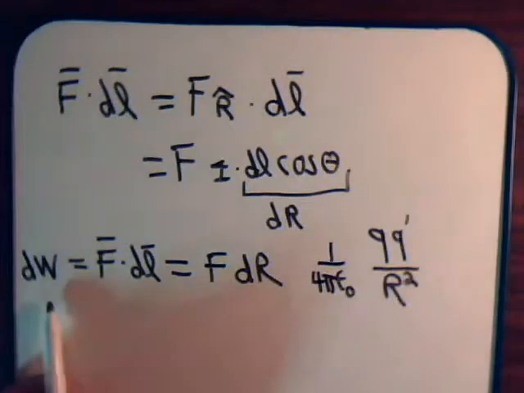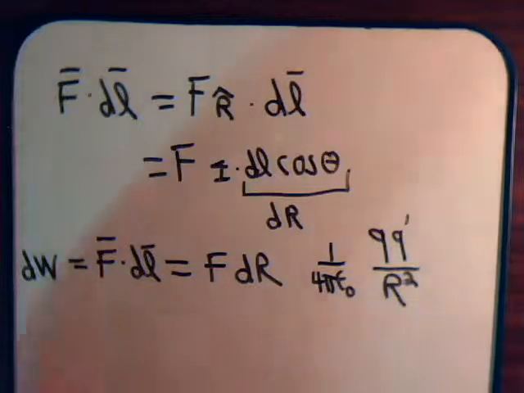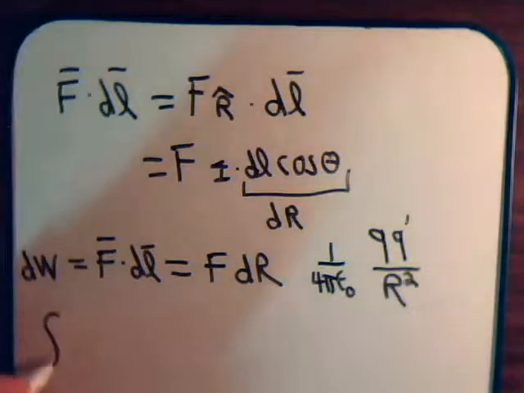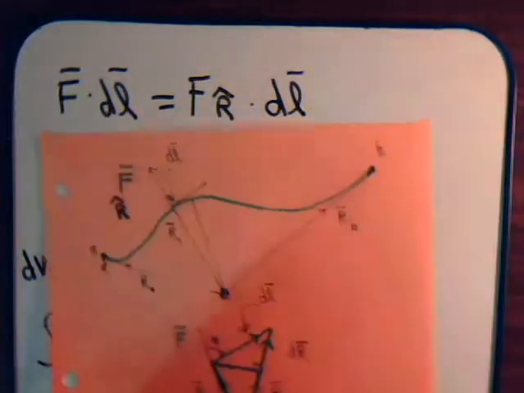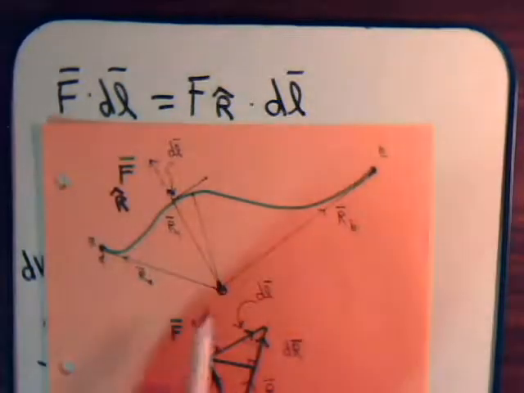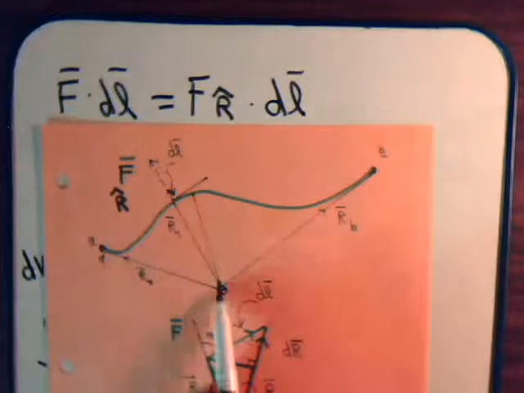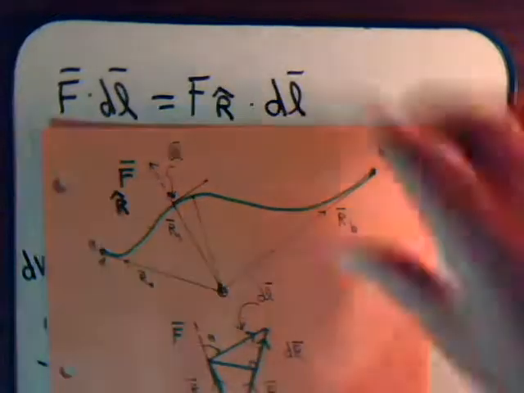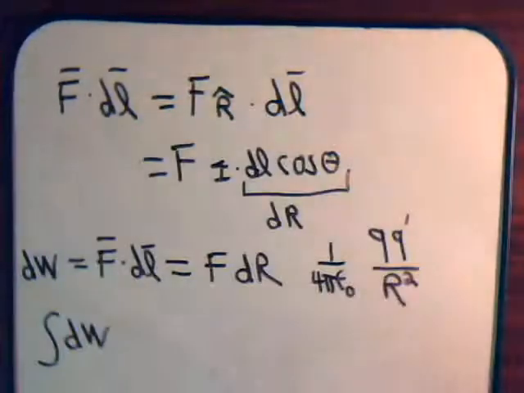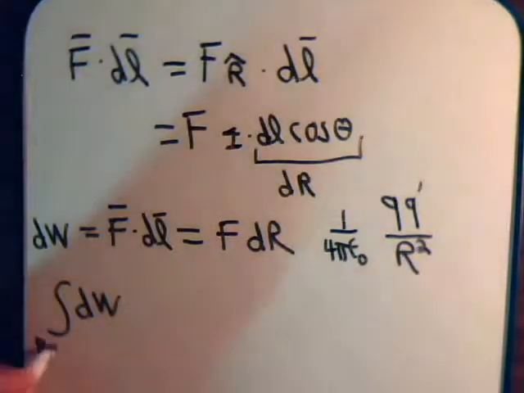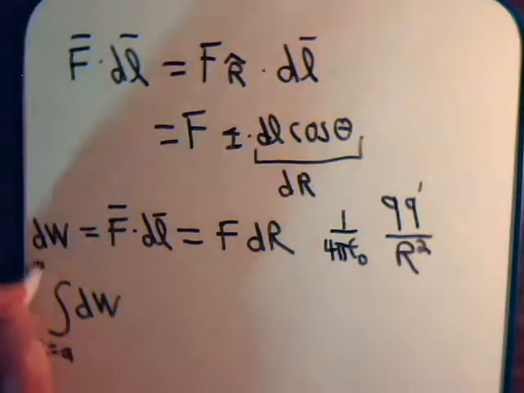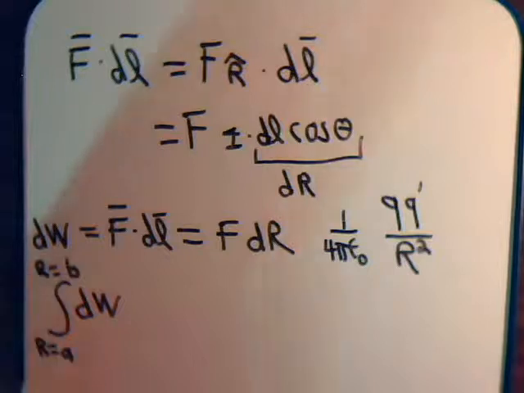We want to know the total work, so we want to integrate dW starting at r equal a and going out to r equal b.